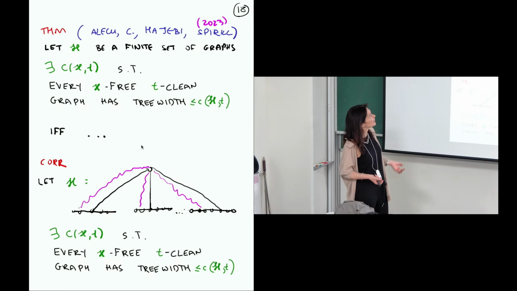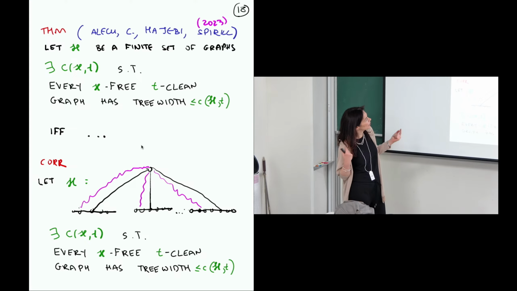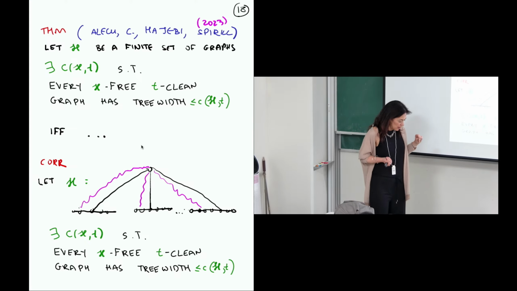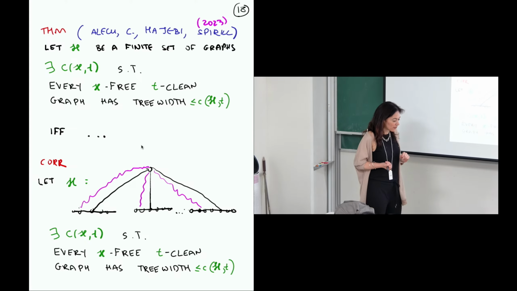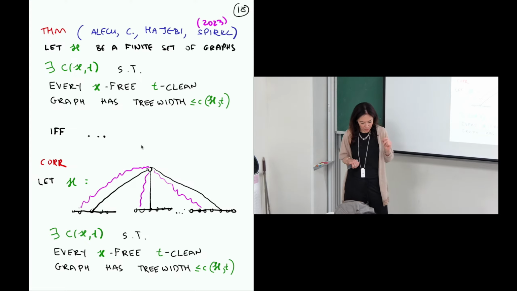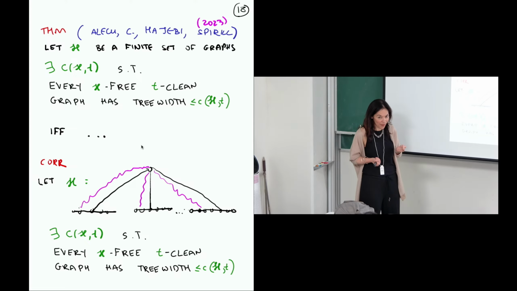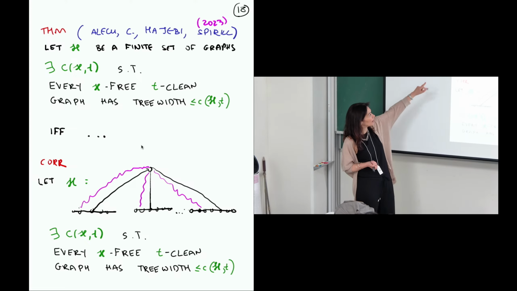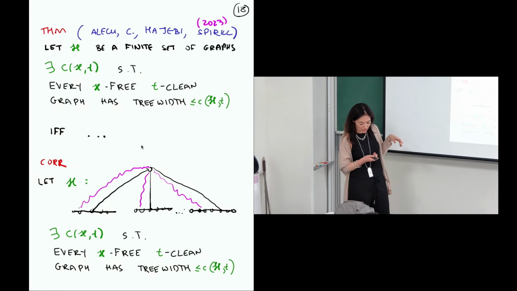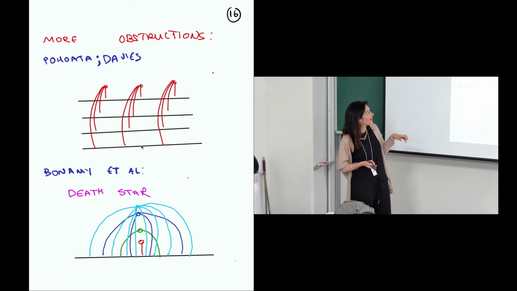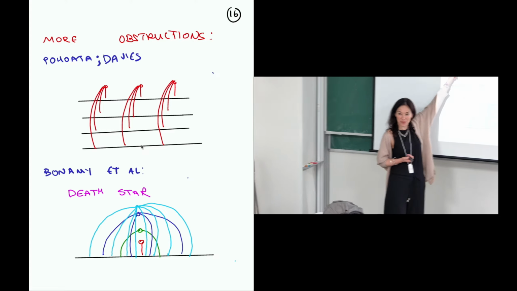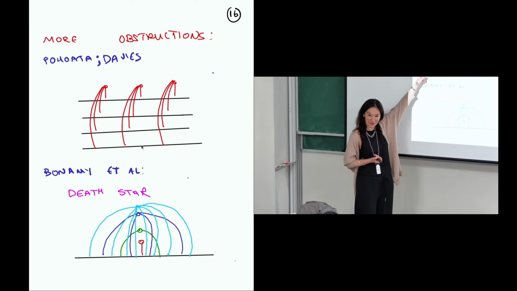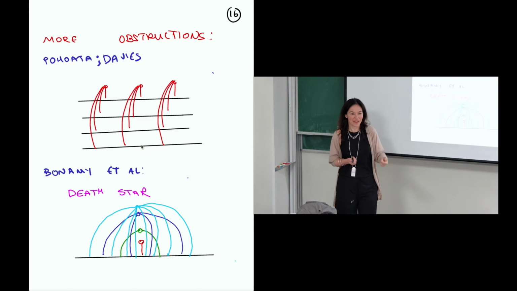Then we worked even harder, and we characterized all the finite families, excluding which causes the t-clean graphs to have bounded treewidth. I'm not going to tell you the answer, but more or less you figure out what finite families you need to exclude to disallow this, and then you prove that that works.